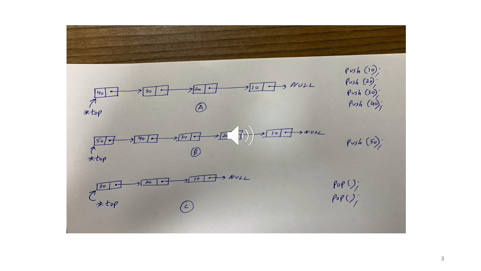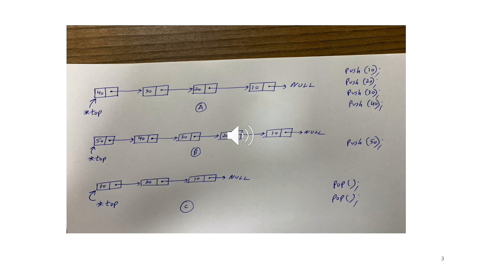Now I am on slide number 3. We are seeing a picture here doing some push and pop operations. In part A of this diagram, we see that we've got 4 nodes connected to each other.